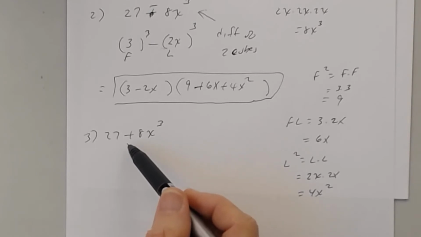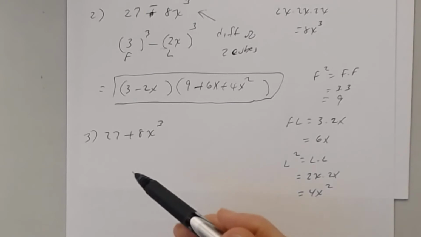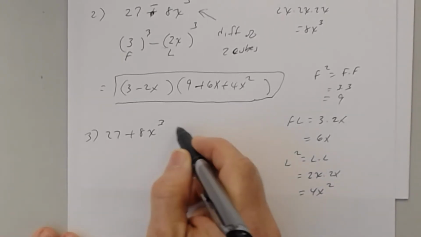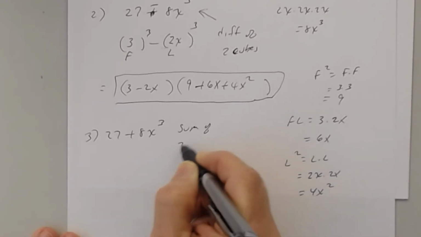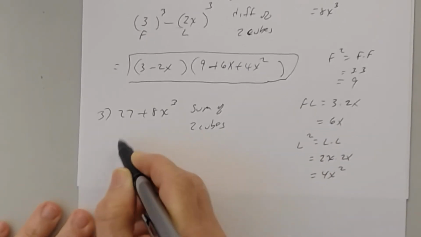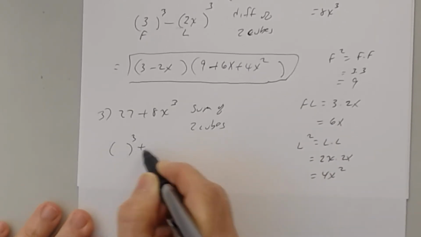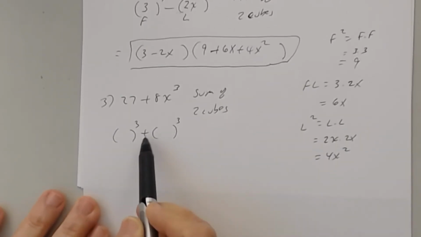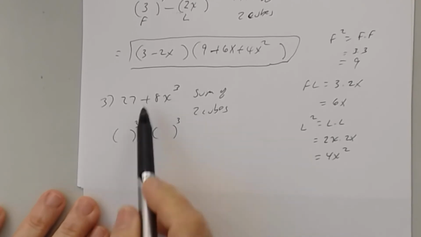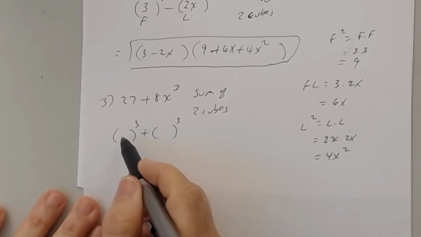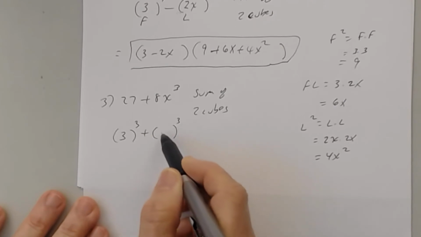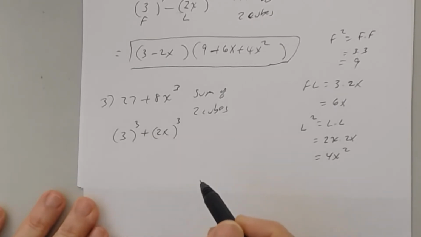So then you might say, well, could it be the sum of two cubes? Yes, this is a sum of two cubes. All right, so the sum of two cubes, because when I look at it, I can rewrite this binomial as 3 cubed plus 2x cubed.